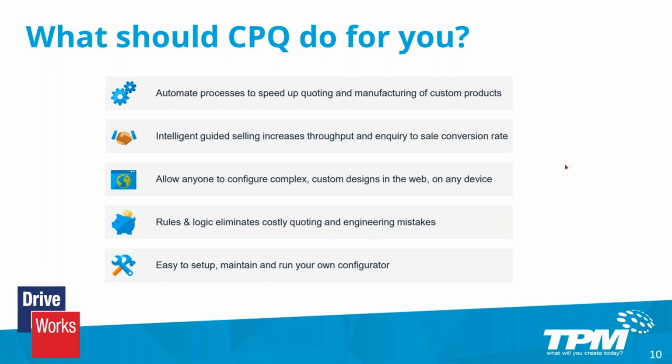Furthermore, what we'll see with CPQ is the ease of setup and how CPQ enables the maintenance of the system to be spread out amongst multiple actors in your business. It doesn't have to be just an engineering tool. It can be a marketing tool. It can be a clerical tool, so on and so forth. So many ways to look at how the system can grow and evolve with your business over time.